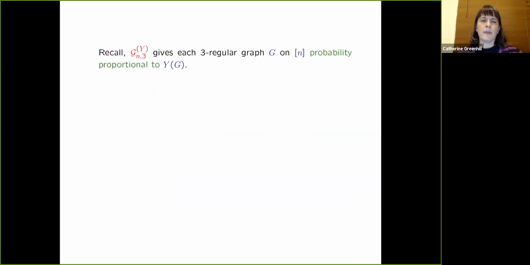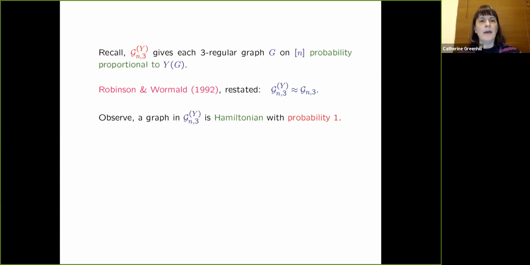Now, I introduced that model where cubic graphs are weighted by the number of Hamilton cycles they contain. So we can restate what Robinson and Wormald proved as saying that these 2 models are contiguous using this notation. And now we can see how that works. Think of the weighted model where every graph has probability proportional to the number of Hamilton cycles it contains.